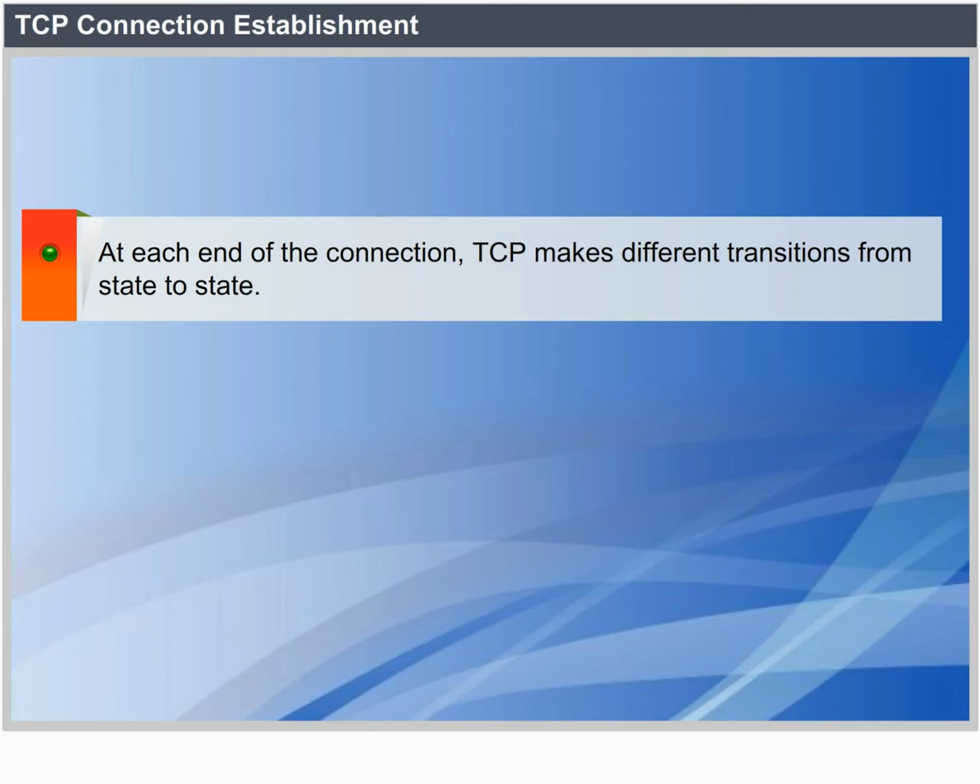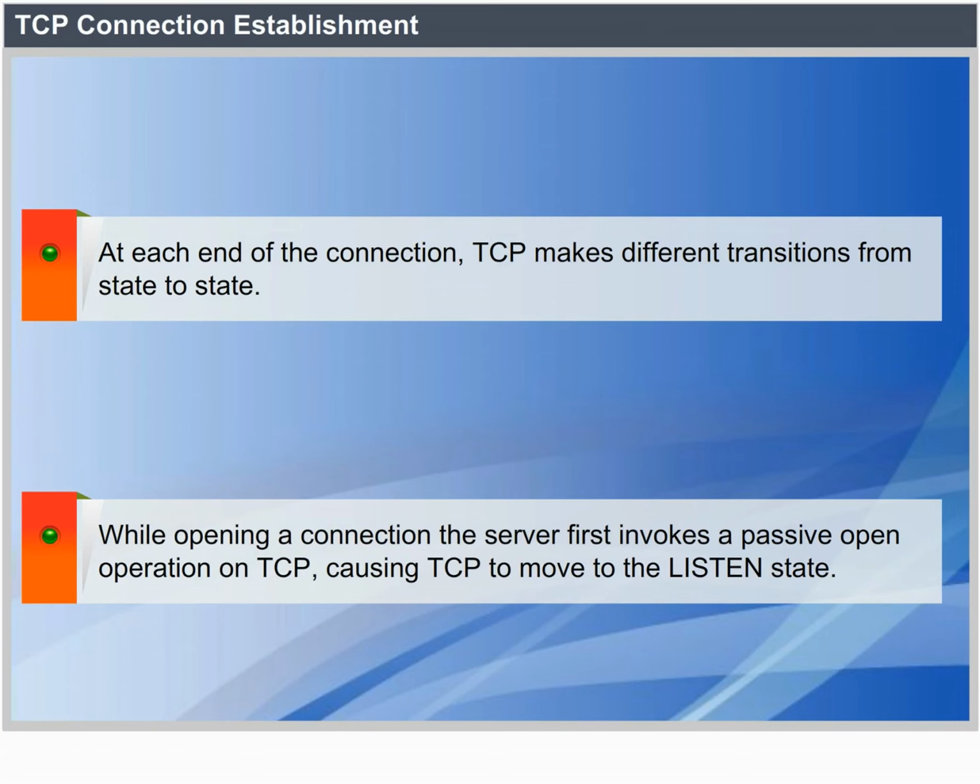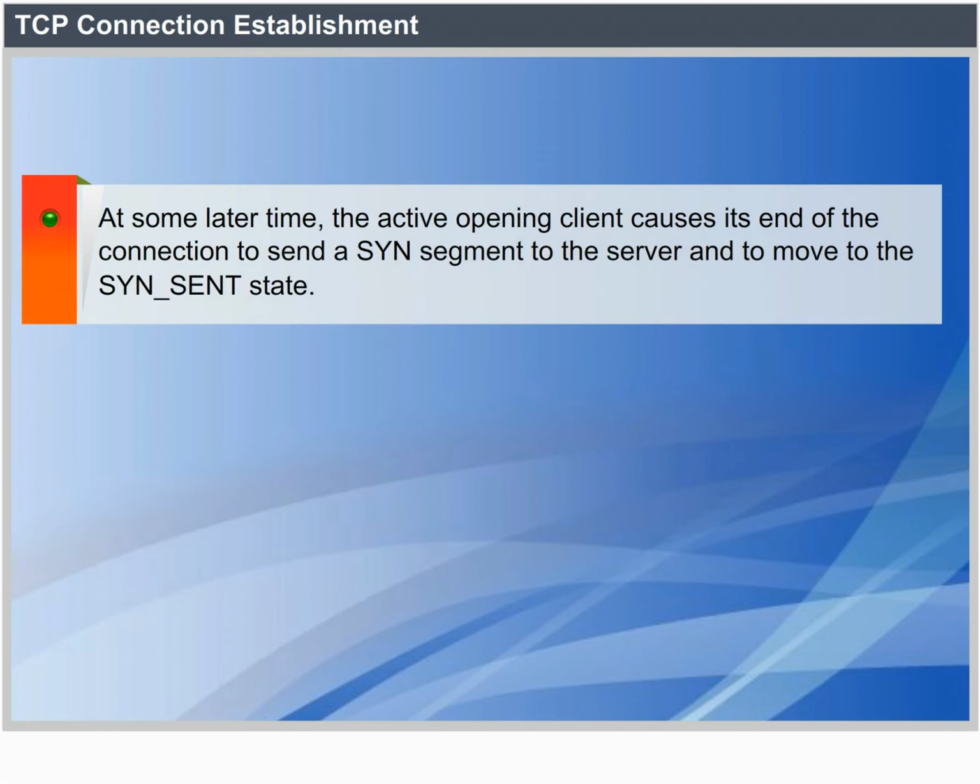When opening a connection, the server first invokes a passive open operation on TCP, which causes TCP to move to the listen state. At some time later, the client does an active open, which causes its end of the connection to send a SYN segment to the server and to move to the SYN_SENT state.